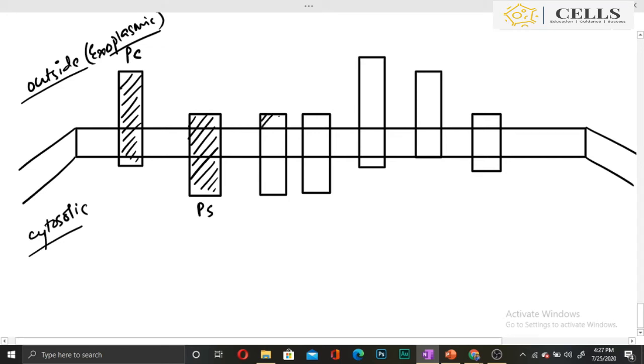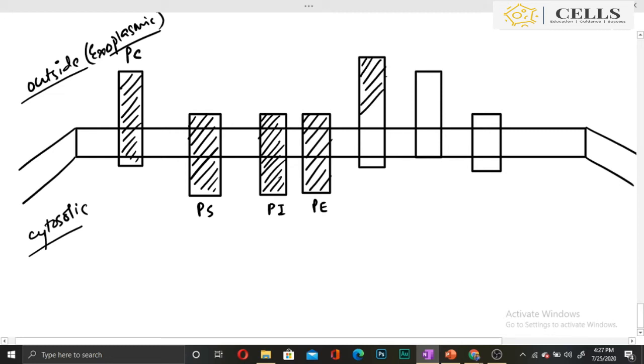Another phospholipid facing the cytosolic phase is PI. Another phospholipid also facing the cytosolic phase is PE, phosphatidylethanolamine.